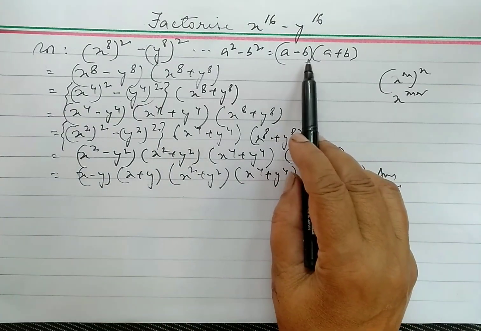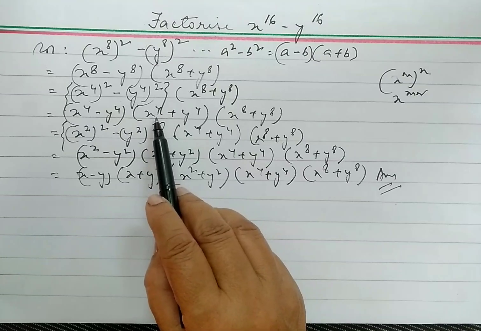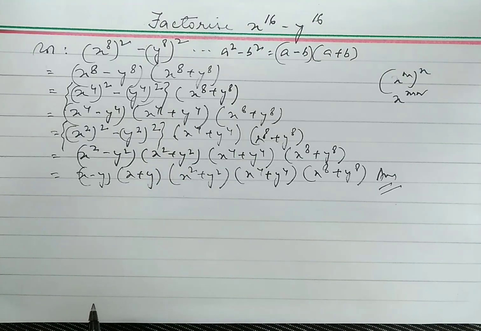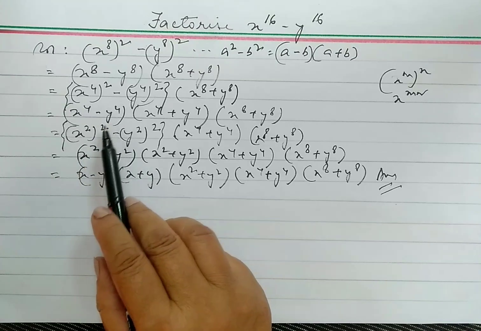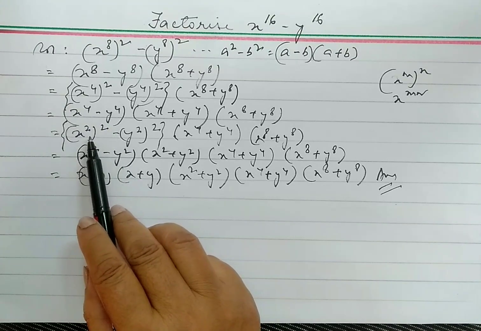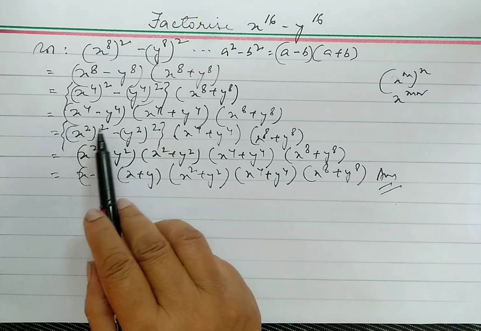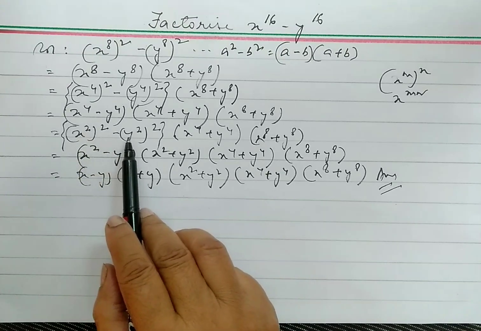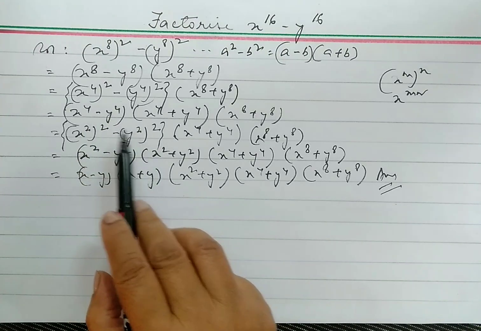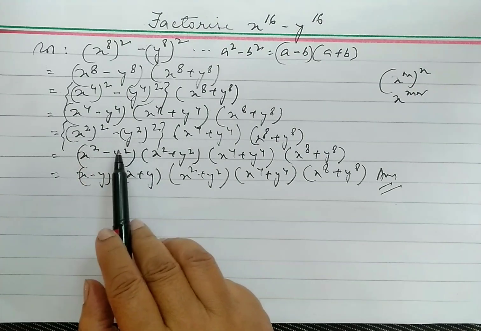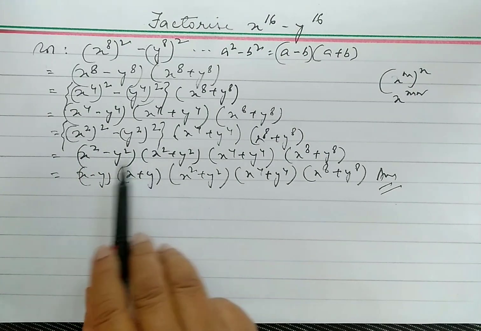Because we have a minus b and a plus b. This is our a plus b. Now this can be further crumbled down to (x squared) squared, since 2 into 2 is 4, and 2 into 2 is 4. So this one is reformed as this, which will be further broken down into these two parts in the next step.